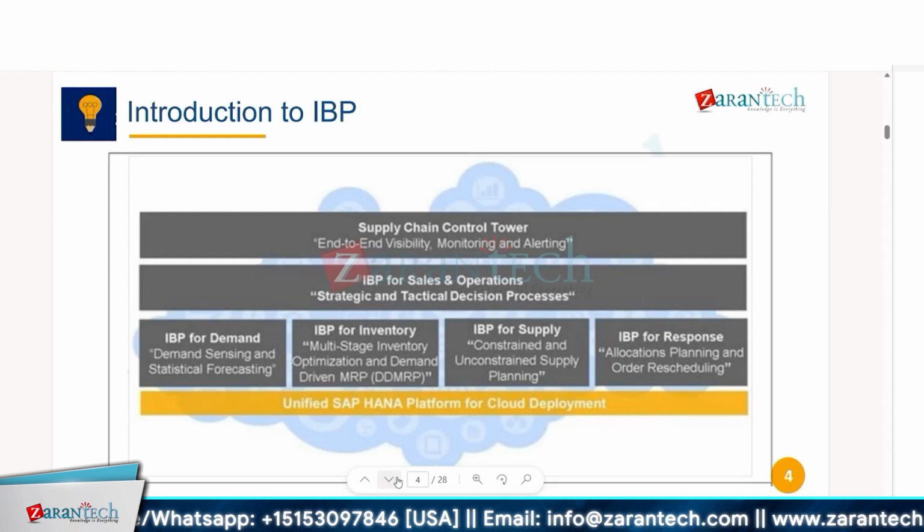At the same time, the accuracy is also measured as to which forecast is more accurate, whether the forecast generated by humans or the forecast generated by the system. In the organizations where I have worked, I have always seen that though I was responsible for the demand planning team and my job was demand manager, I always had lesser accuracy in forecast than what was generated by the system.